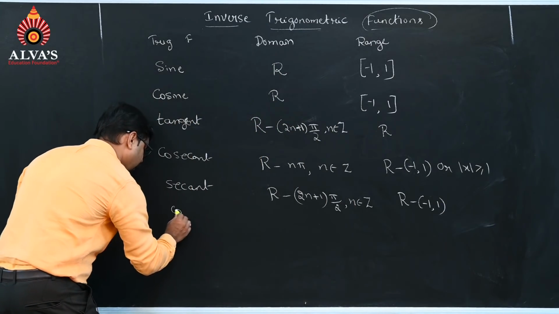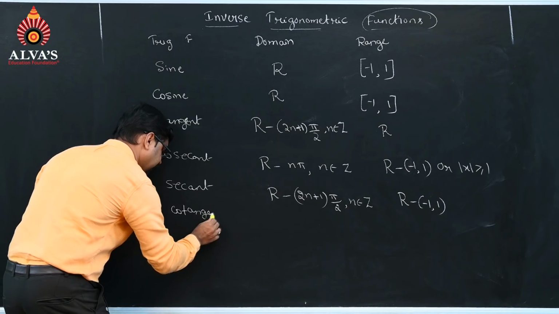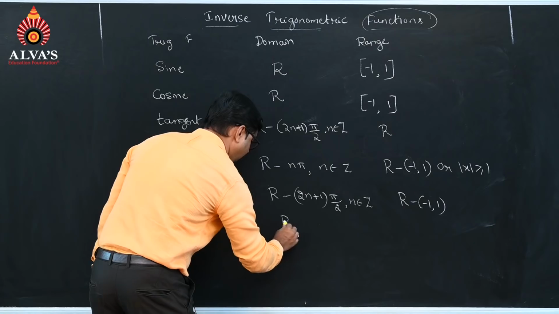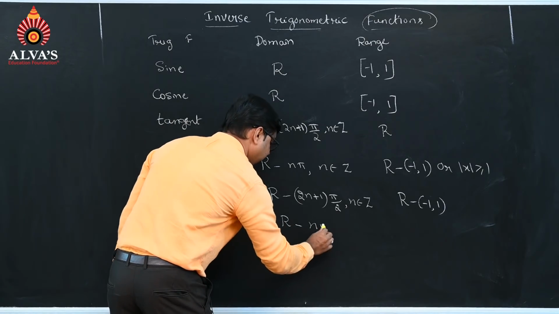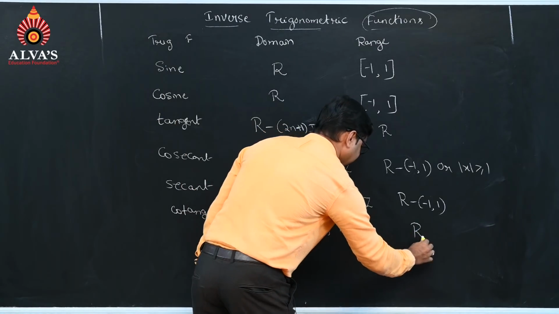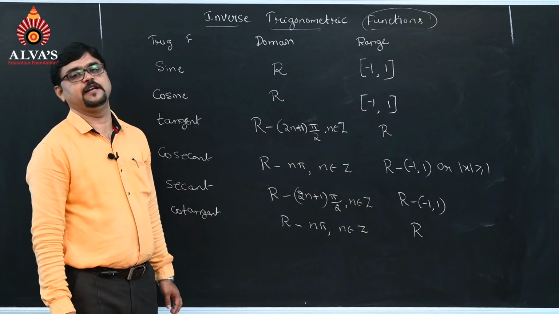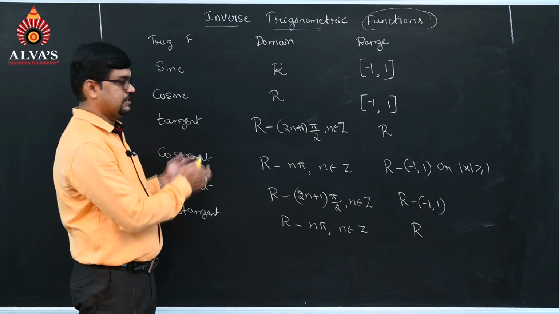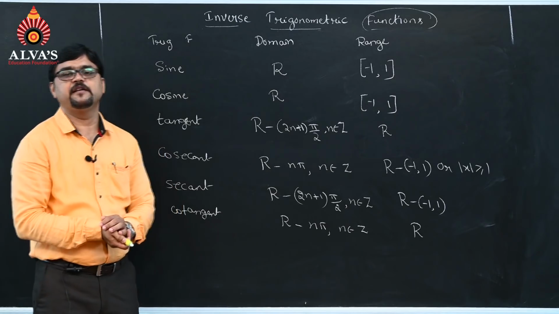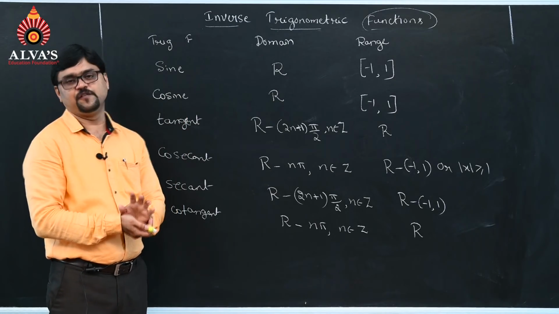And last one, cotangent function. Its domain is R minus n pi, where n belongs to the set of all integers and the range is the set of all real numbers. Because to study inverse trigonometric function, we must know the domain and range of the trigonometric function.